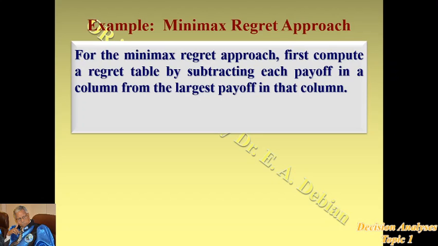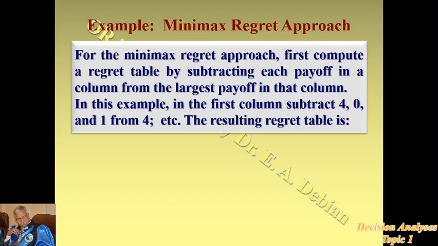For the minimax regret approach, first we have to compute the regret table by subtracting each payoff in the column from the largest payoff in that column. In this example, in the first column, subtract 4, 0, and 1 from 4.